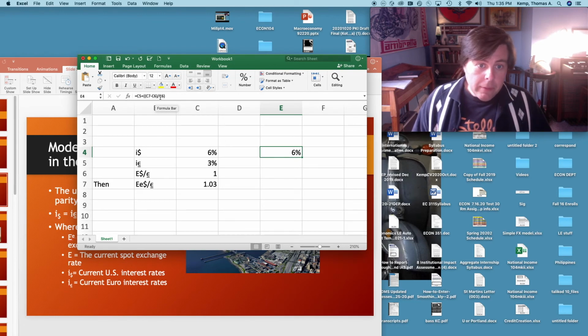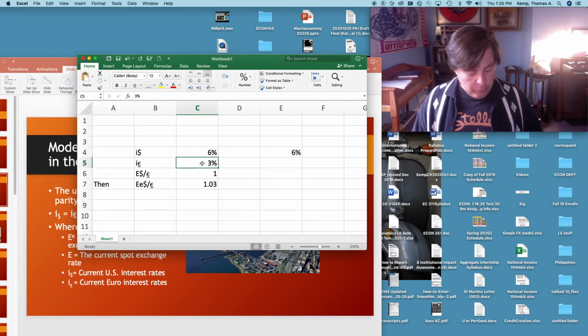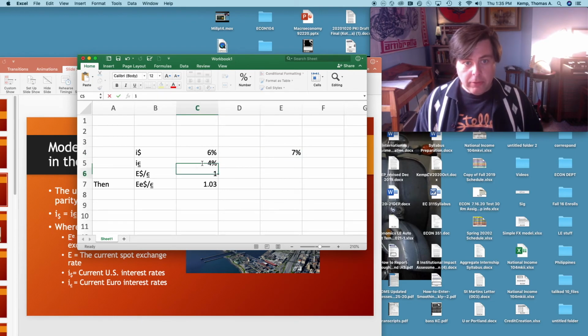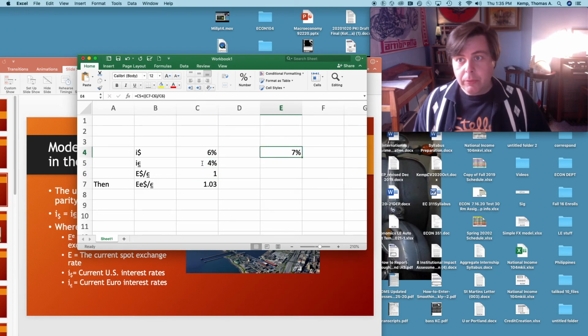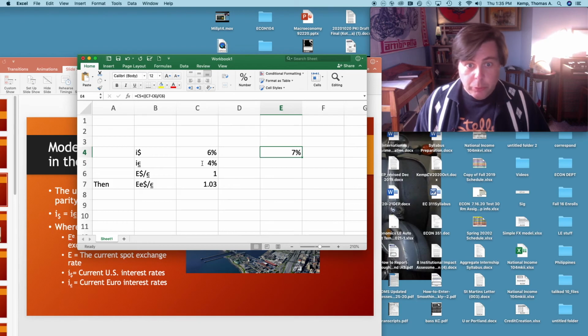So let's say that we expected the foreign asset to earn 4%. Well, then the solution to that right-hand side of the equation would be 7%. And we would find that indeed the foreign return would be greater than the domestic return, and so capital would start moving, right?